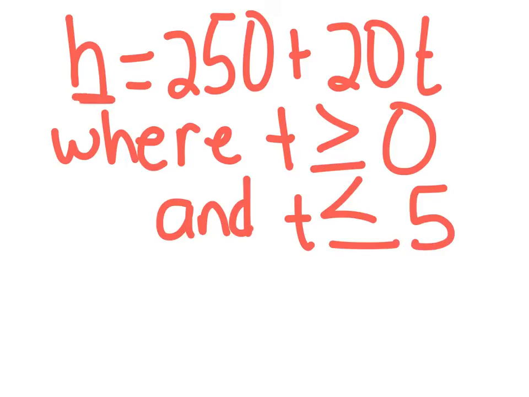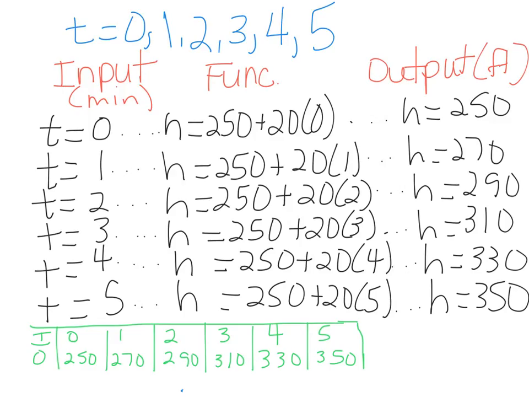H is our altitude, and it equals 250 feet plus 20t, where t is greater than or equal to 0 and t is less than or equal to 5.